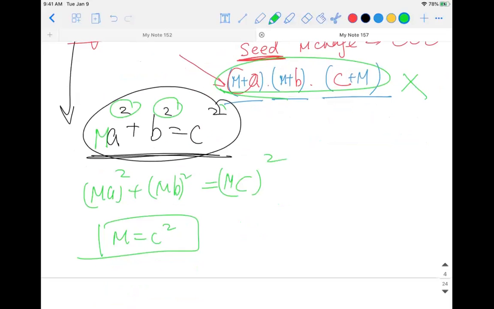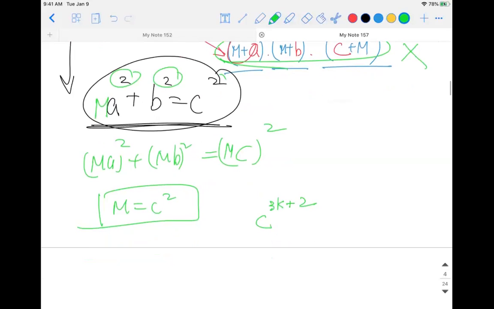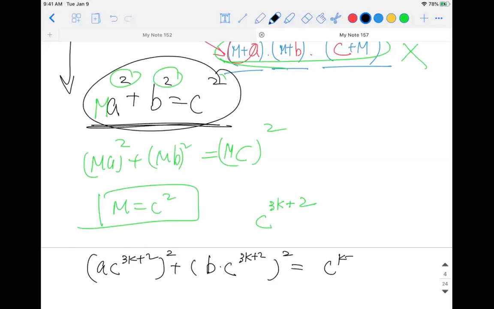I'm going to give you one m. M can be equal to c to the power of 3k plus 2. Is that right? That being said means what? A c^(3k+2) squared plus b c^(3k+2) squared equals c^(3k+1) to the power of 6. Is that right?